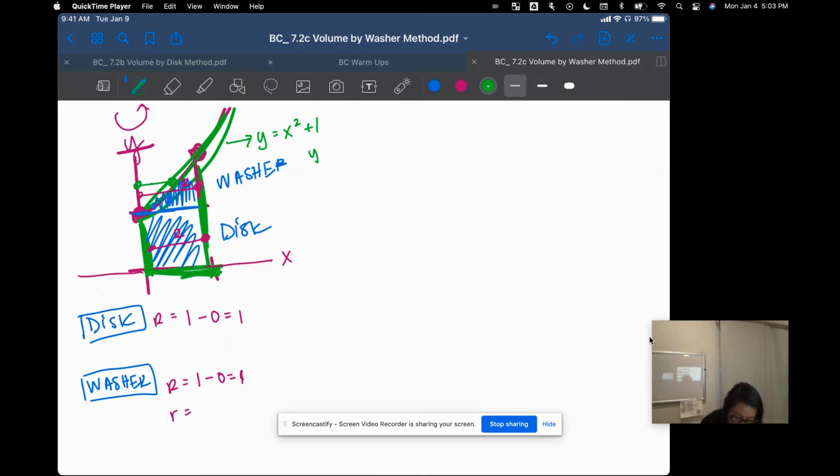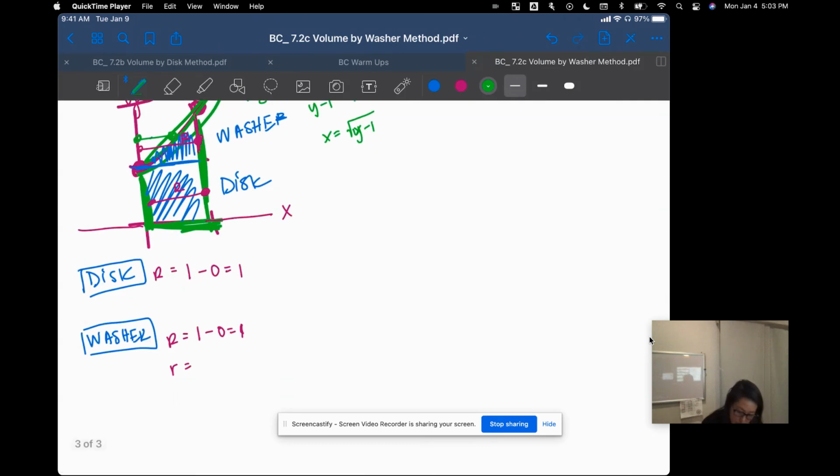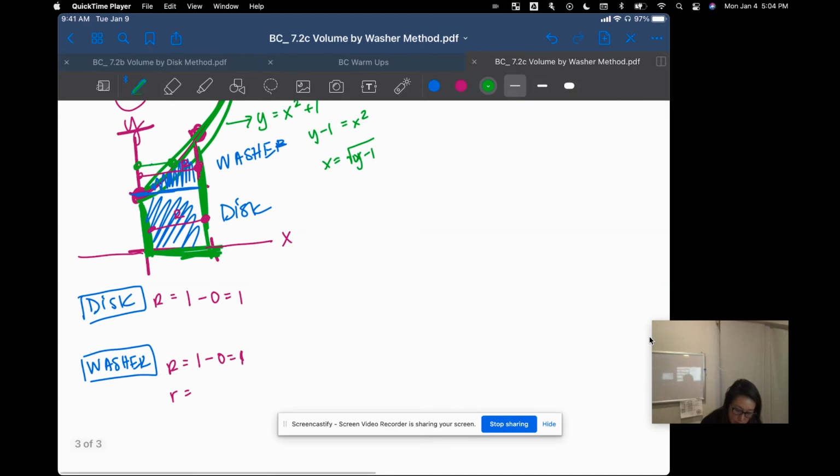So I have y minus 1 is equal to x squared. So x is equal to the square root of y minus 1. And it's positive because we're on the positive side of things. So the radius of the small inner ring would be the square root of y minus 1 minus 0, which is the square root of y minus 1.